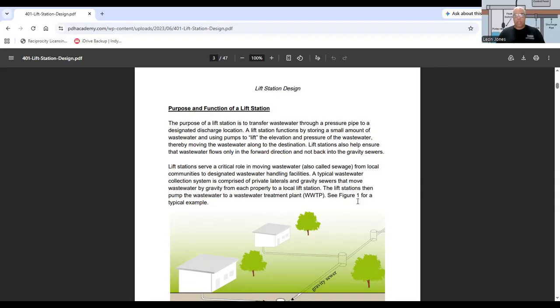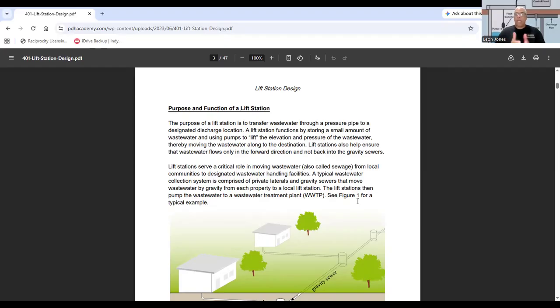Lift stations also help ensure that wastewater flows only in the forward direction and not back into the gravity sewers. So basically, lift stations serve a critical role in moving wastewater, also called sewage, from local communities to designed wastewater handling facilities. So a typical wastewater collection system is comprised of private laterals.